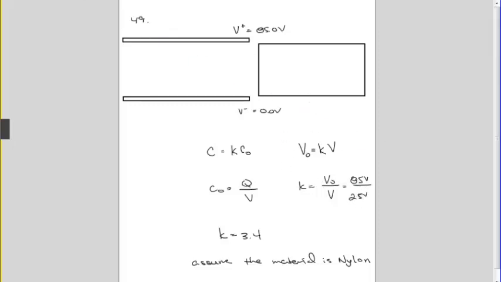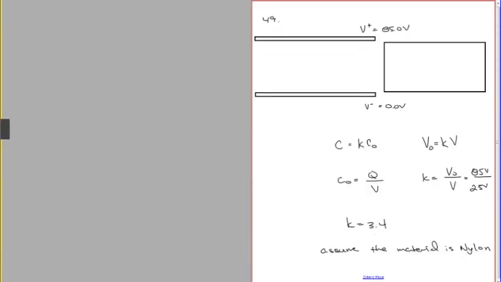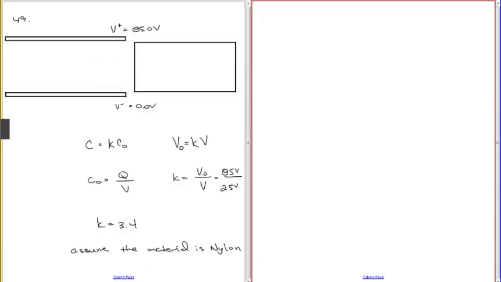Therefore, if we don't completely fill the gap, then we're going to have a voltage somewhere between 25 and 85, depending upon the percentage. So the answer to part B is that the voltage will be between 25 and 85, depending upon the percent that's filled.